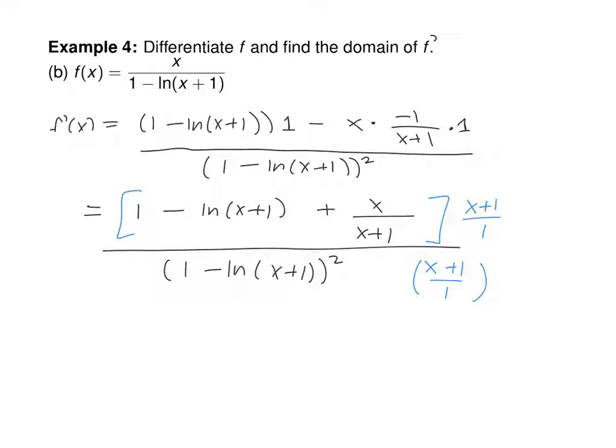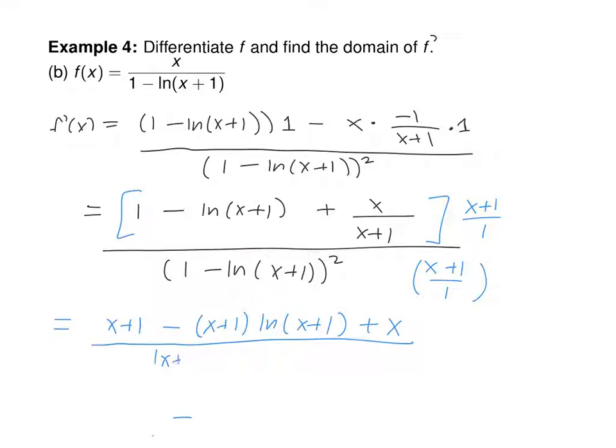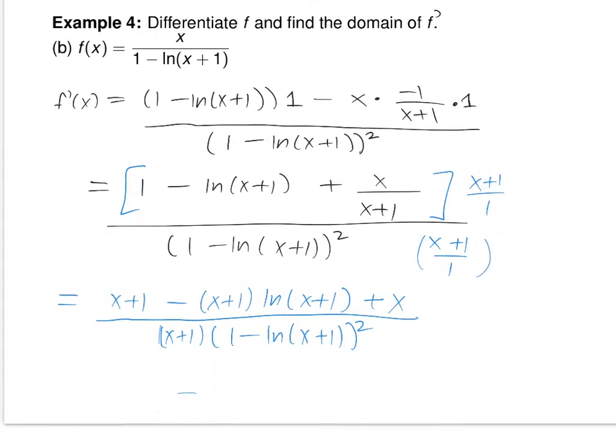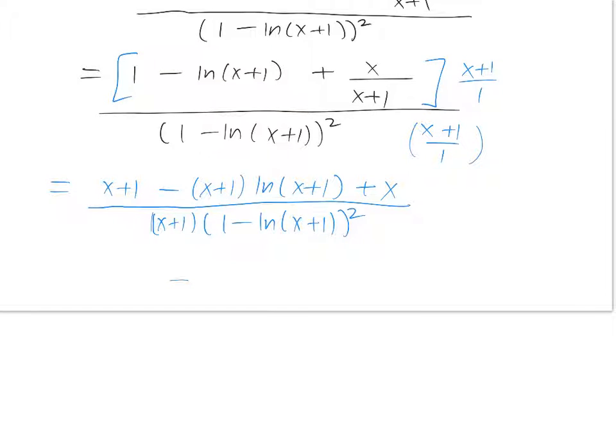No. But that's going to give you x plus 1 minus parenthesis x plus 1 ln of x plus 1 and then plus x all over x plus 1 minus ln of x plus 1, that whole thing squared. And I apologize for the length, but let's simplify it just a little bit more.